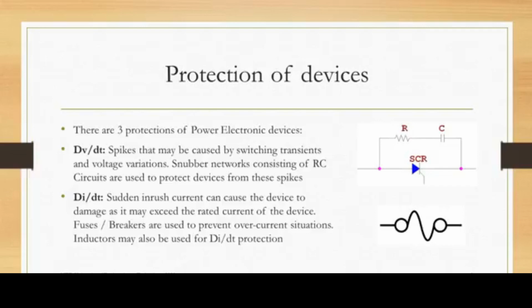Well, now there is a very important issue about the protection of these power semiconductor devices. Due to the reverse recovery process of power devices and switching actions in the presence of circuit inductances, voltage transients occur in the converter circuits.